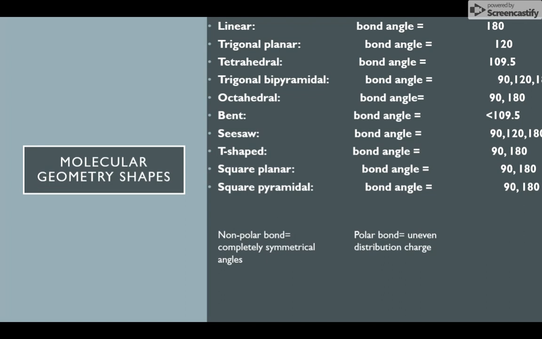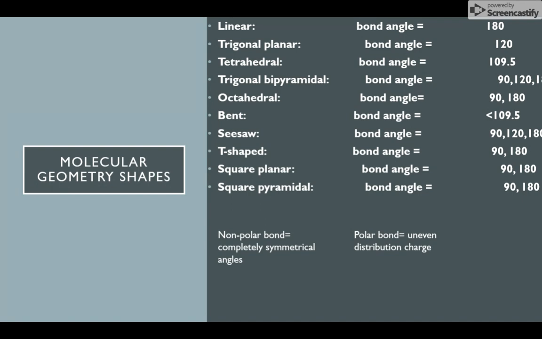So with all of these different shapes, you'll be able to tell which one's going to have a dipole moment and which one's not. It's not going to have a dipole moment if the angles are completely symmetrical.